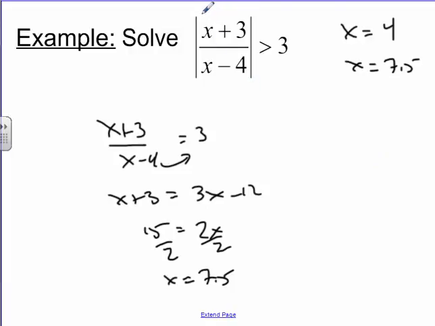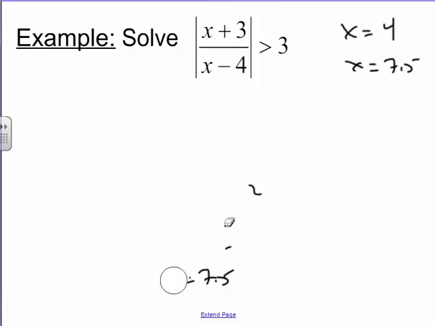If I test that, 7.5 plus 3 would give me 10.5. 7.5 minus 4 would give me 3.5. And 10.5 divided by 3.5, I believe, is 3. So that one works. There is a third critical point I need to look for, and it's dealing with the absolute value sign.